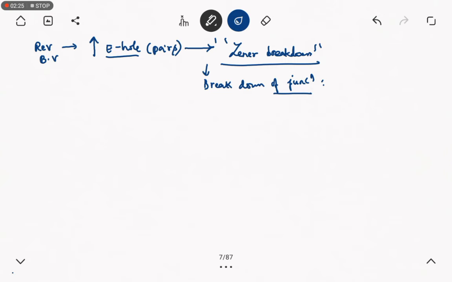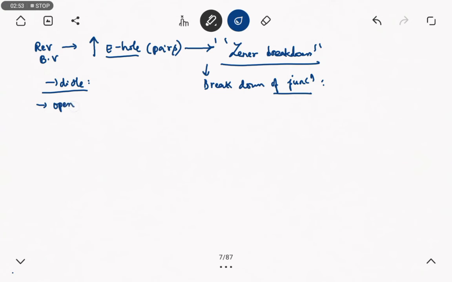What leads to the breakdown of junction? Generation of excess holes and electrons. Whenever there is a breakdown of junction, there is a flow of large current in the diode. In order to avoid the short circuit condition, the breakdown condition behaves like an open circuit. When does it act as an open circuit?